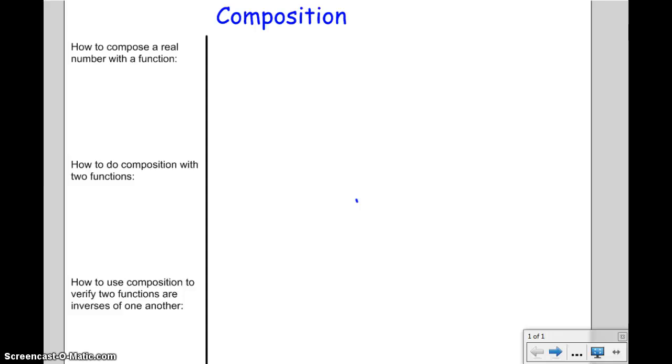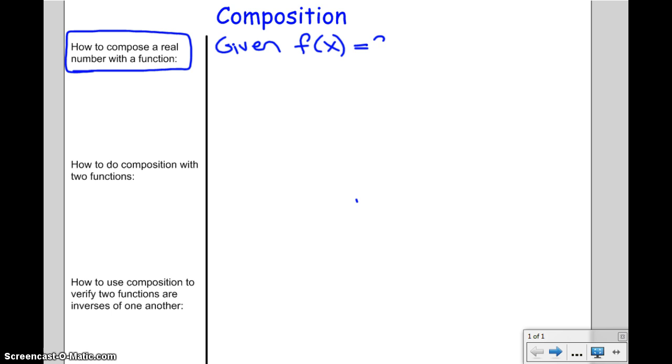If you guys notice, the very first way that we did composition was using a real number. And I'm going to go ahead and set up a function, and then another function that just happens to be a constant. So it's going to be just a real number that we're going to use. So for example, if you guys are given that f of x is 3x squared minus 5.